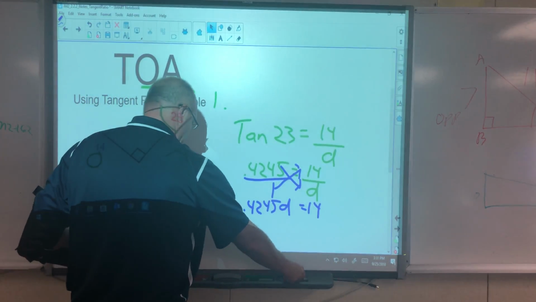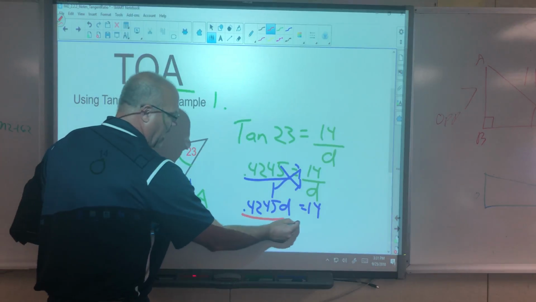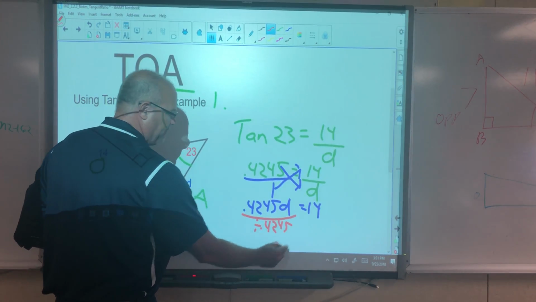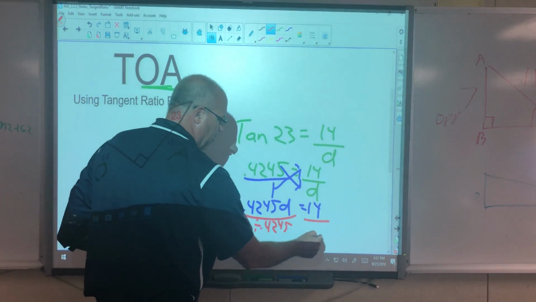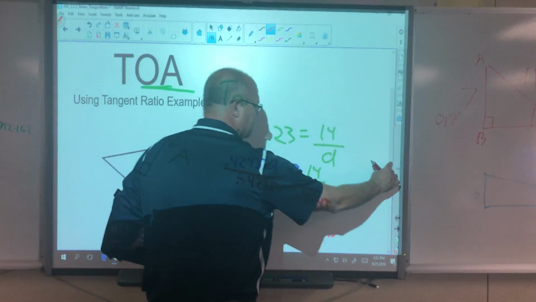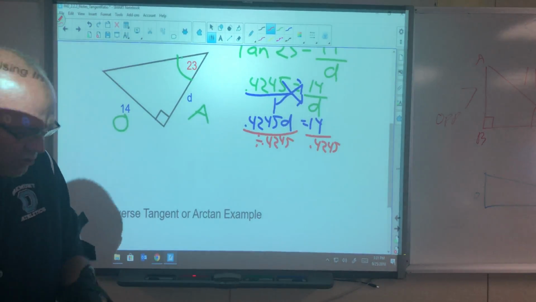So now, how do I solve this? Well, I want 1D, so I'm going to divide by 0.4245. What you do to one side, you must do to the other. All right, so I'm going to use my handy dandy calculator because I don't know that off the top of my head.